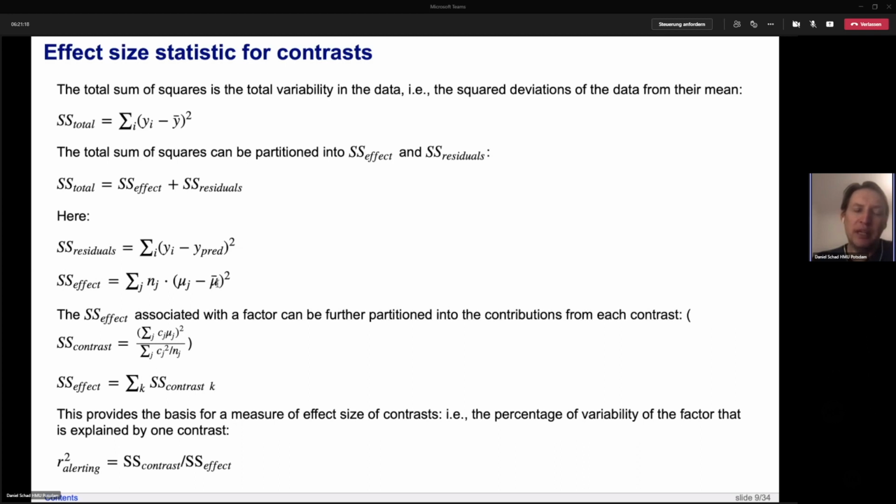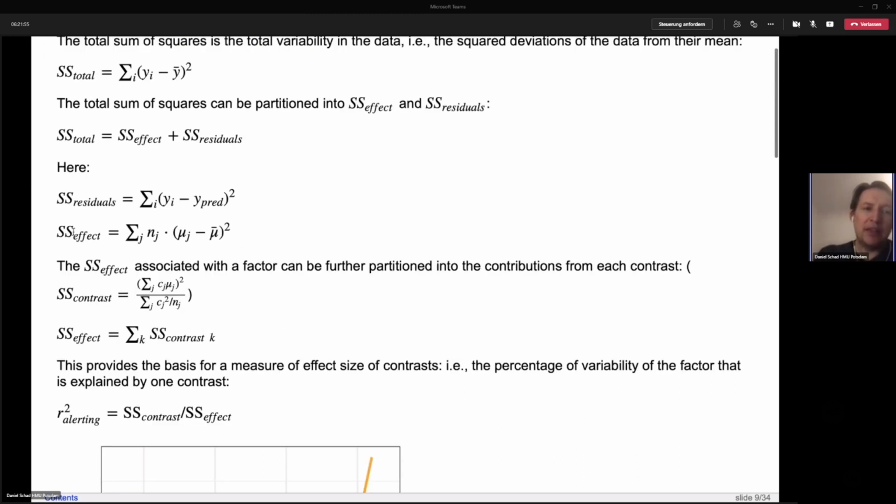We have the overall mean, and we compute how far each individual factor level mean, mu j, deviates from that overall mean, square that, multiply it by the number of subjects in that condition, and sum it up across all factor levels. That's the effect sum of squares. So the residual sum of squares captures how much variability there is in the residuals, and the effect sum of squares captures how much variability in the data can be attributed to systematic differences between groups.